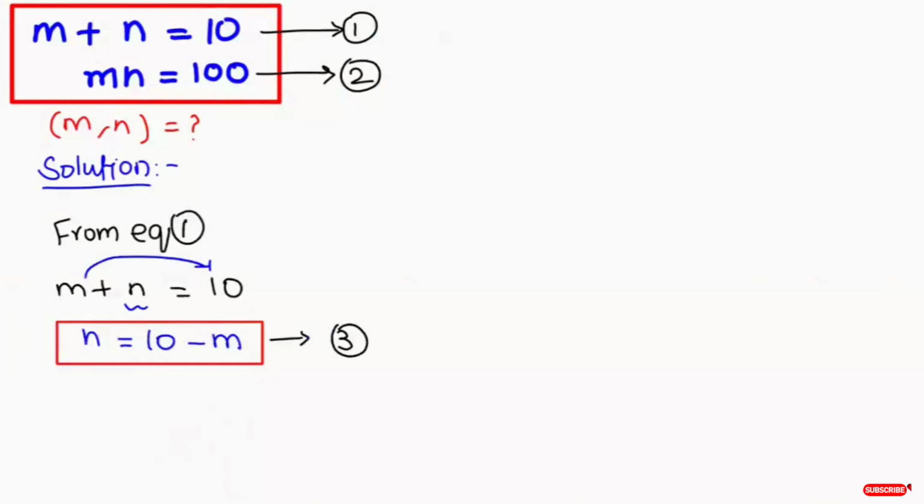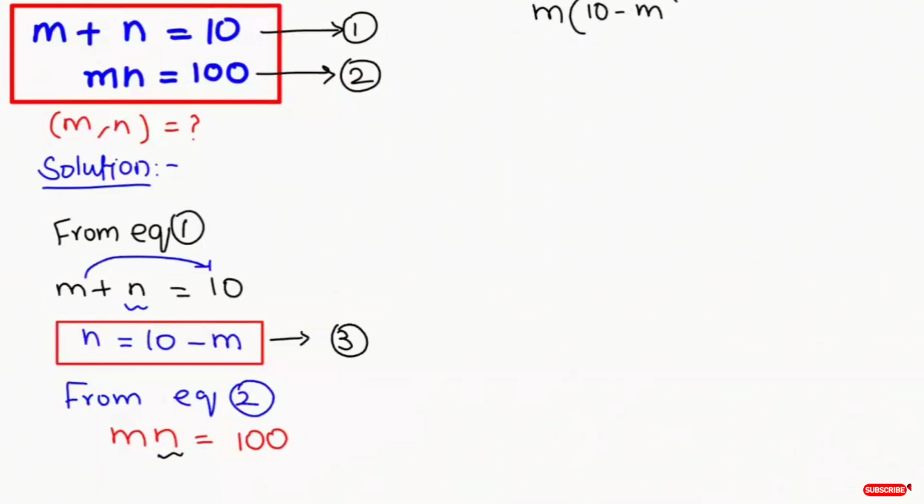Now we're going to take equation 2, that is mn equals 100. In replacement of this n, I am going to plug in the n value from equation 3, that is 10 minus m. So m times (10 minus m) equals 100.